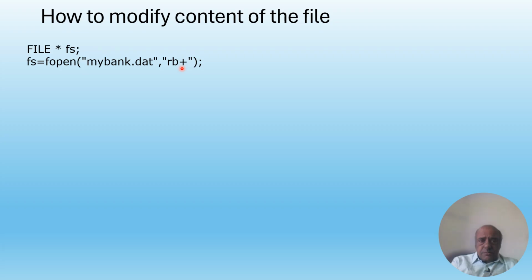This rb+ mode allows us to read and write the file at the same time. Only r, without the plus sign, will allow us to read the file only. R plus allows us to read and write to the file, and b stands for binary file. mybank.dat is a binary file.